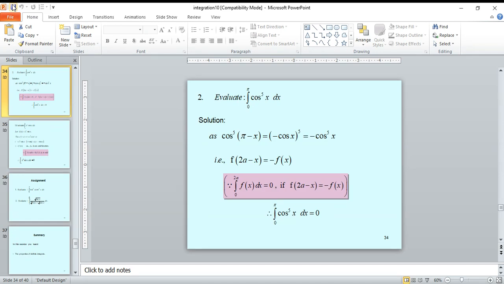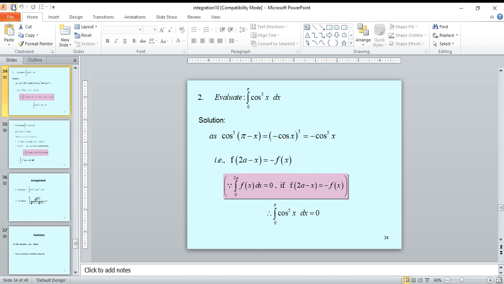Evaluate integration 0 to pi cos power pi x dx. Solution: cos power pi of pi minus x equals minus cos x power pi, that is, f of 2a minus x equals minus f of x.